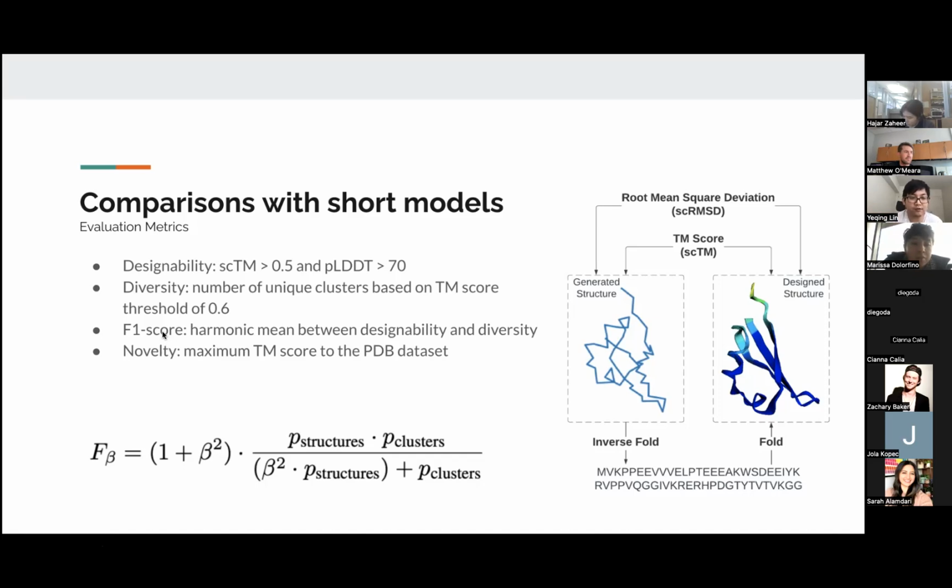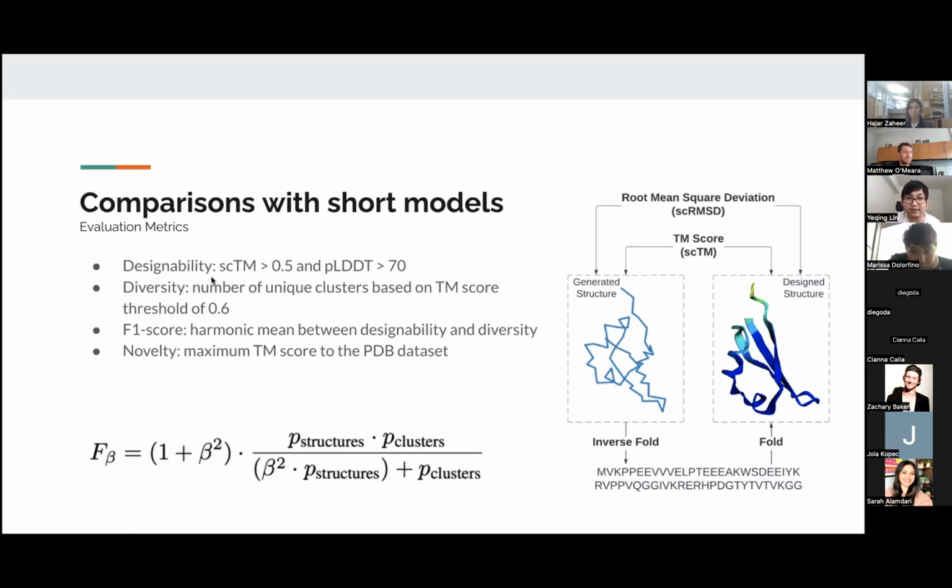The F1 score is a harmonic mean, and the last one is novelty: are you able to generate structures that are out of the data distribution? That basically means you are capturing the outside of the data distribution. So I'll go through these metrics one by one.